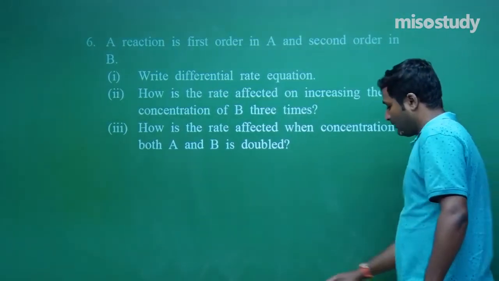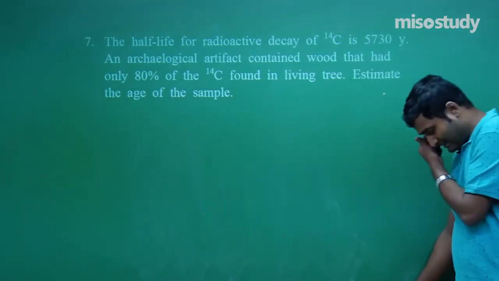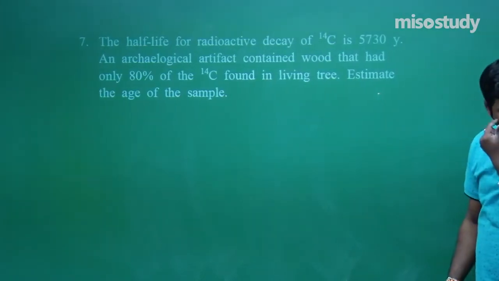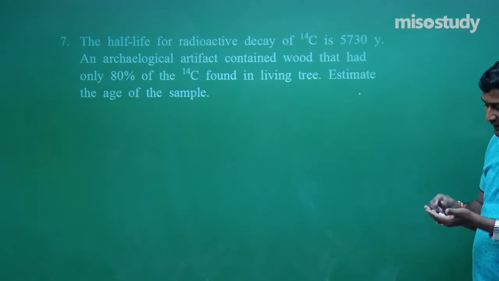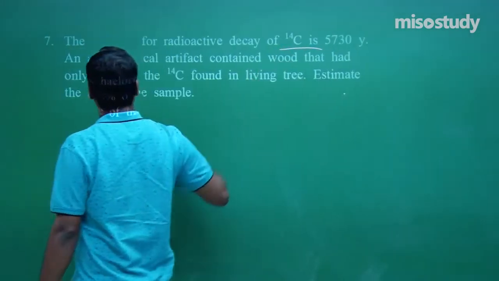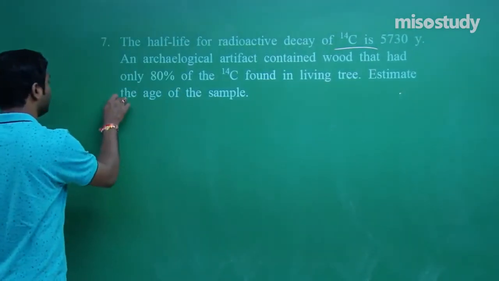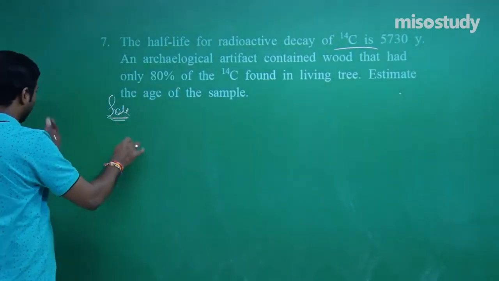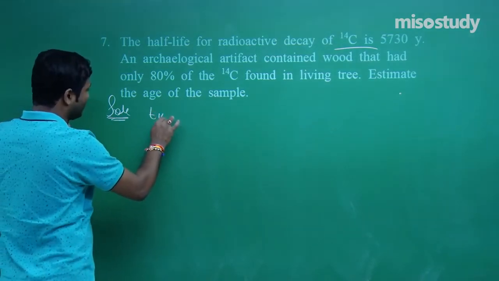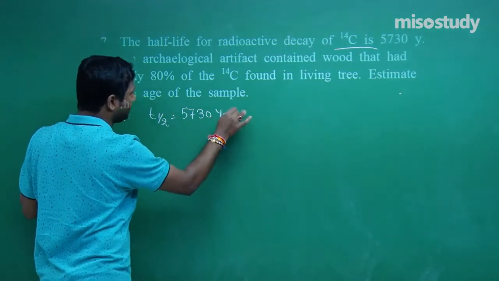Now question number 7 here, listen. Read the question carefully. What is given here, my friend? The half-life of the radioactive decay is 5730 years. Okay, sir. That is, T half is given here as 5730 years.